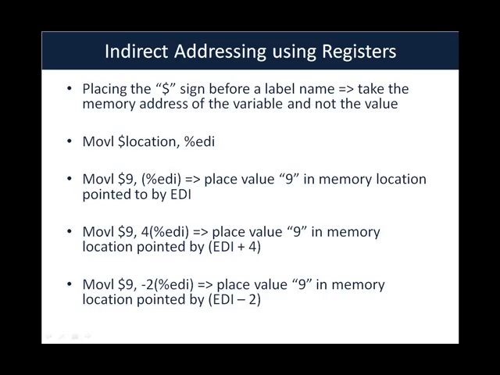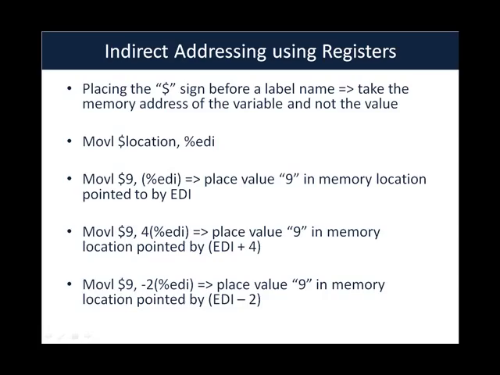Similarly, let's say you want to copy values at an offset from a particular memory location. How would you do it? In this case, you prefix the bracket and the register with that offset.